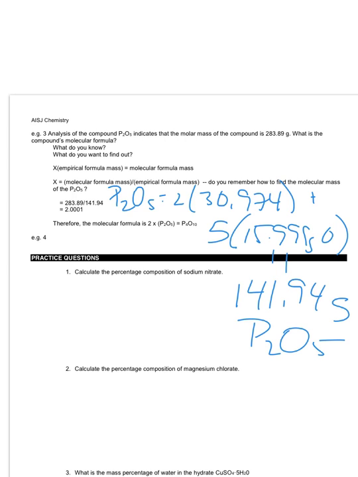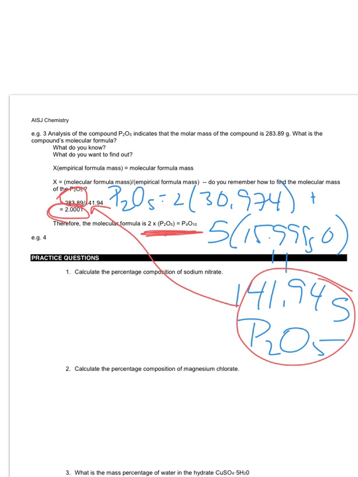So now the only thing we have to do is take this number and insert it into our formula, where we've been given the molecular formula mass divided by the empirical formula mass gives us a factor of 2. So now all we have to do is multiply the empirical formula by 2 and we get the molecular formula.